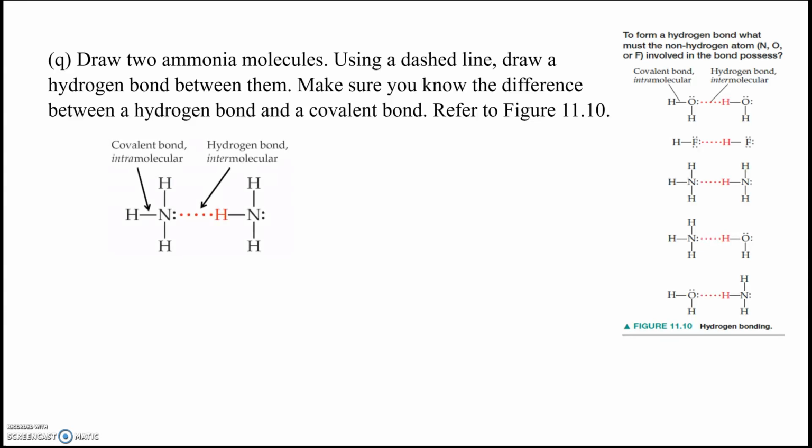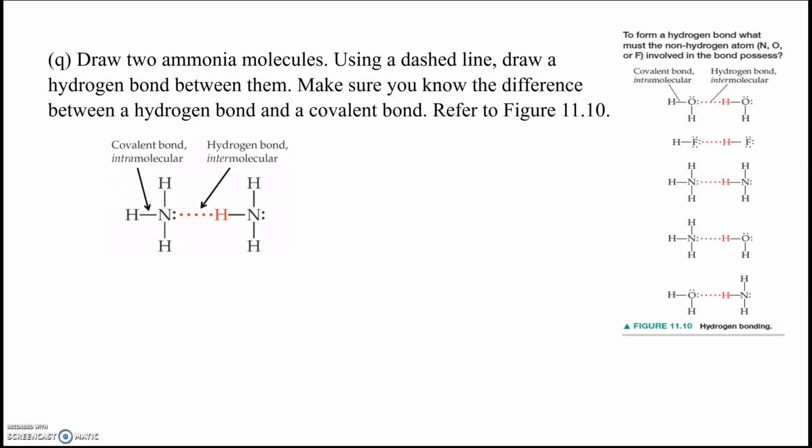So the covalent bond is, of course, between the nitrogen and the hydrogen inside a molecule of ammonia. Whereas the hydrogen bond, which isn't really a bond, it's just more of a strong attractive force, which can be broken with quite a bit less energy. This is the attractive force between one molecule and the hydrogen of another molecule.